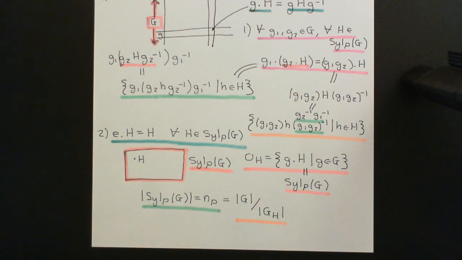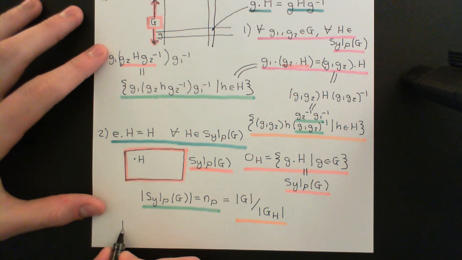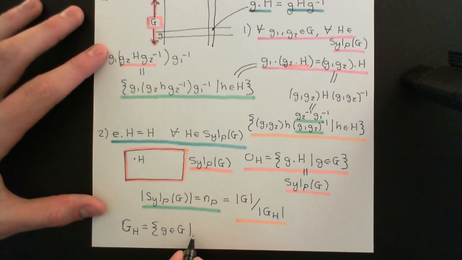Okay, right. So let's now think about what this thing here is: the stabilizer of this Sylow P subgroup capital H in the group capital G. Whoops, I don't want the order of it yet. Let's just think about what this thing actually is going to be equal to. So this is going to be all the elements of the group, all little g in capital G, such that when I act little g on capital H, I get capital H back again.